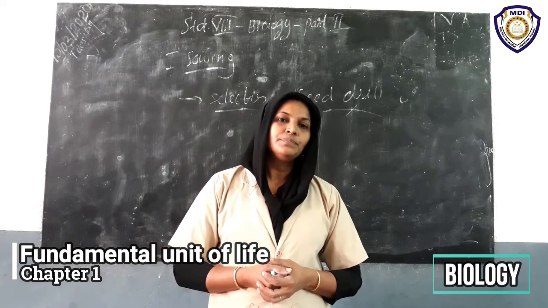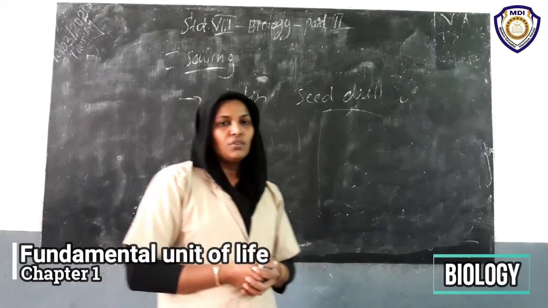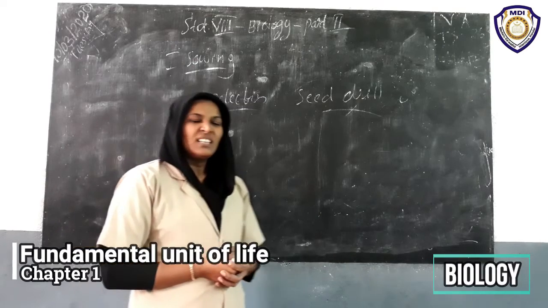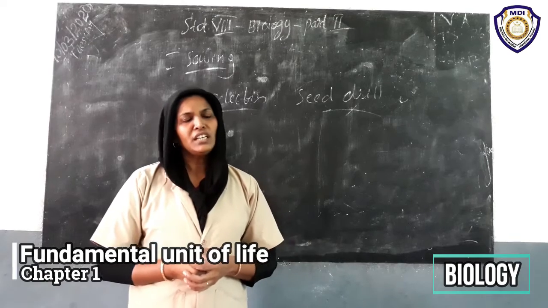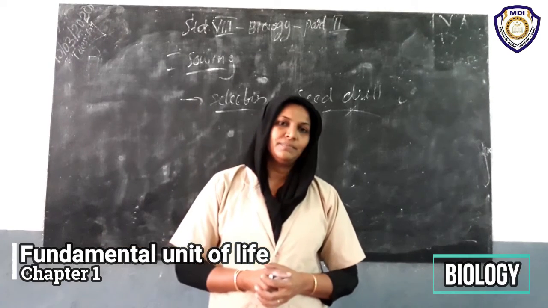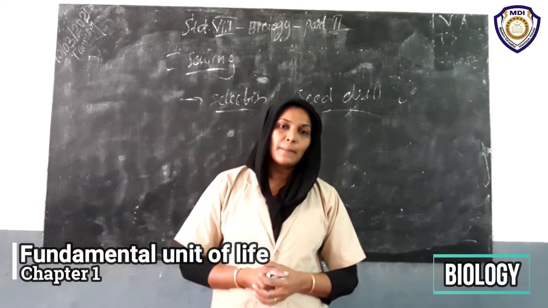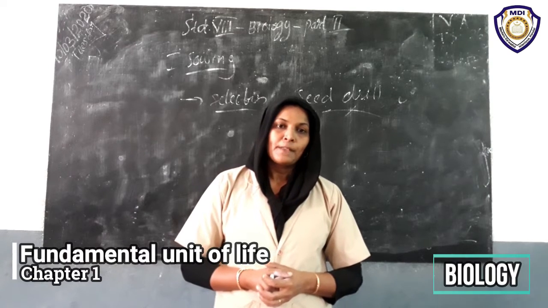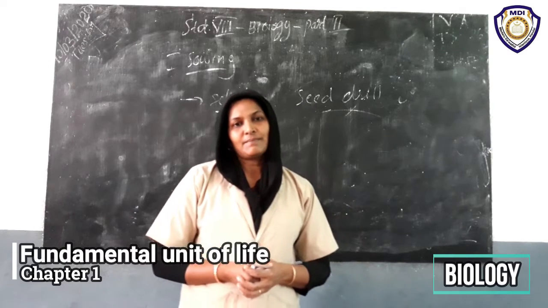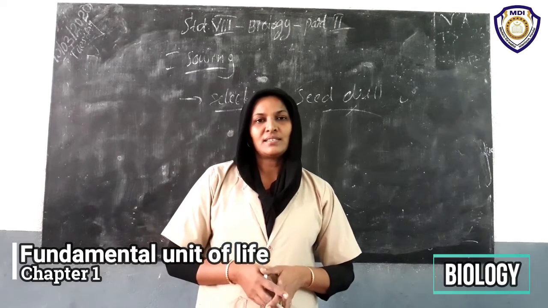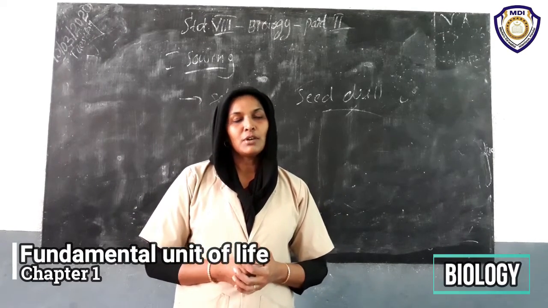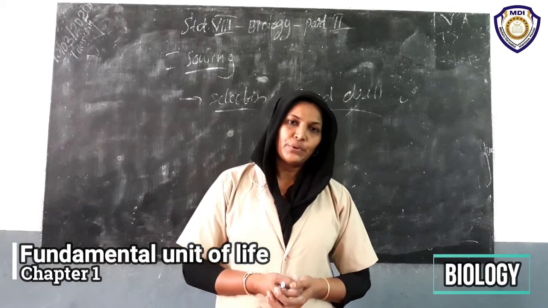Did you study? Okay. So we can say that the substances that are added to the soil in the form of nutrients are called manure and fertilizers. It is nothing, student. These are nutrients. Manure and fertilizers are nutrients.